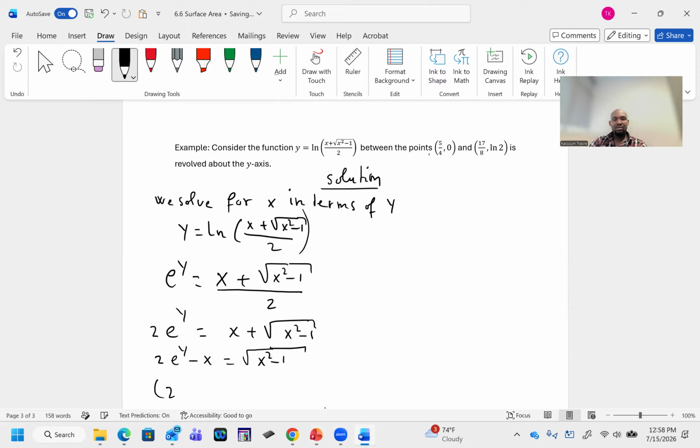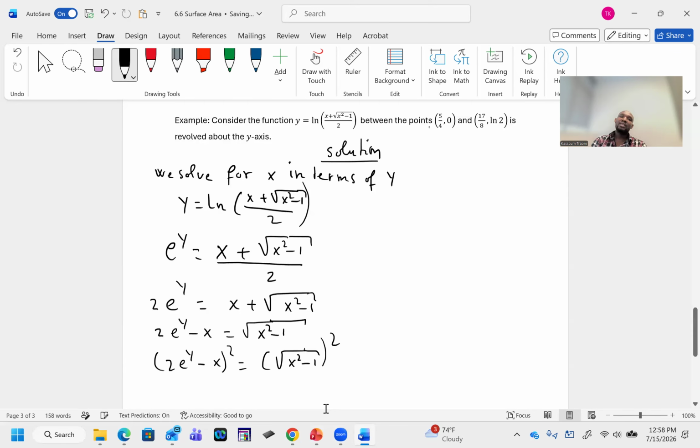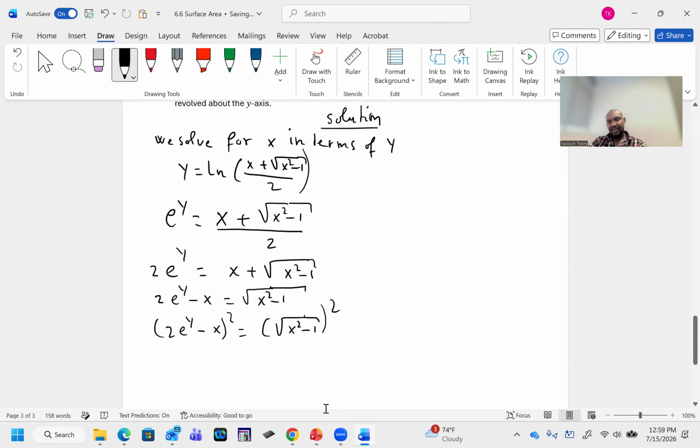So if I square both sides, and then square this side, I'm doing this to get rid of the square root because the goal is to isolate x. So you can see square and square root will cancel on this side, but this side will be what? 4e to the power of 2y, right?